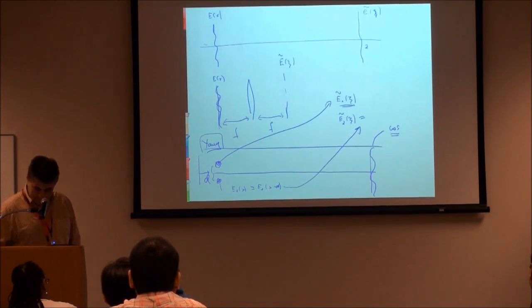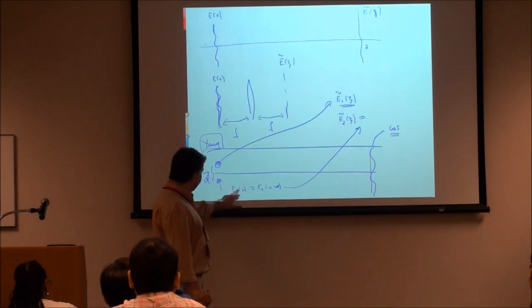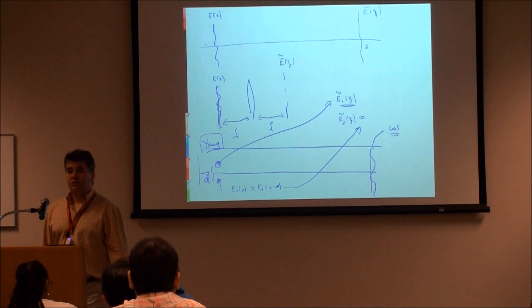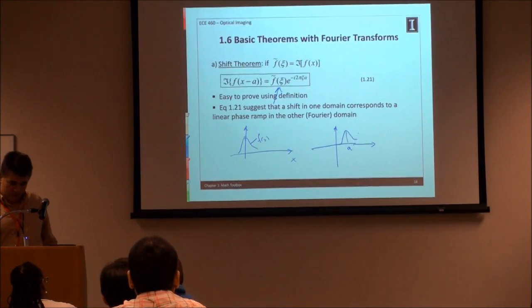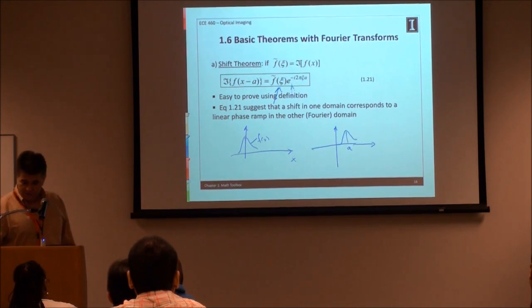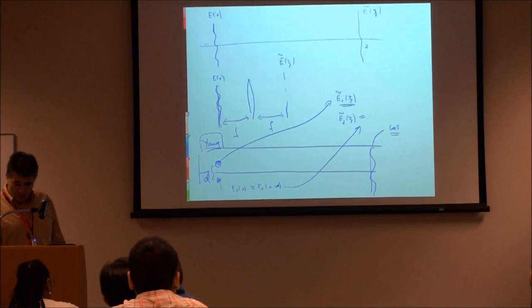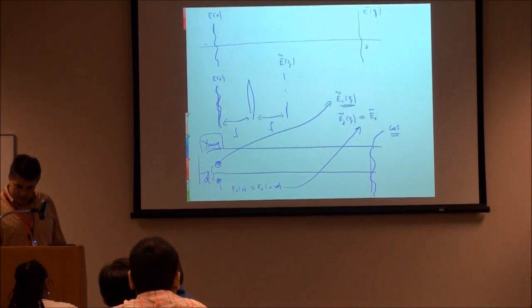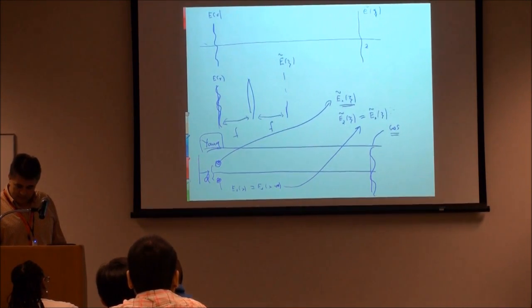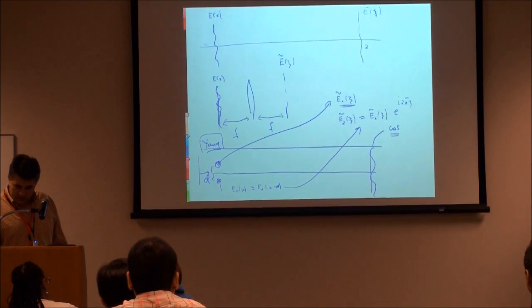So that means, based on the shift theorem, the fact that the two fields are just shifted by a constant a, that should allow me to use this property right here, right? So can you tell me what that means? The Fourier transform of the second one will be what? Will be U1 tilde, the Fourier transform of the first one, times, there we go, e to the 2 pi i psi a.